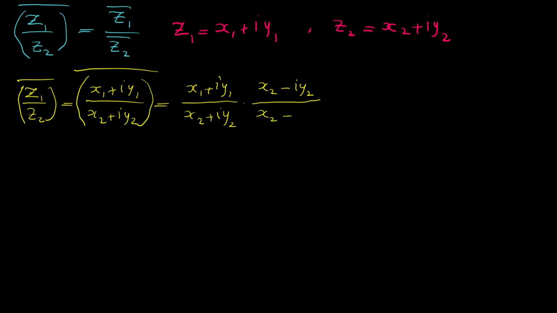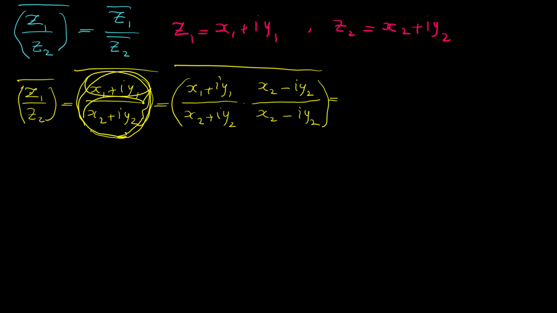What is the conjugate of x2 plus i y2? x2 minus i y2. So, for simplifying this division, we multiply numerator and denominator by the conjugate of the denominator. This is the process of dividing two complex numbers.